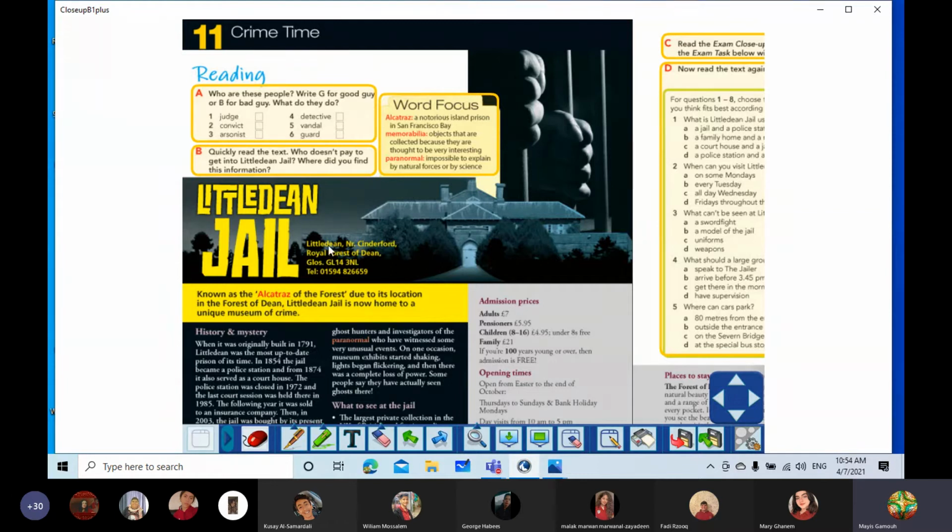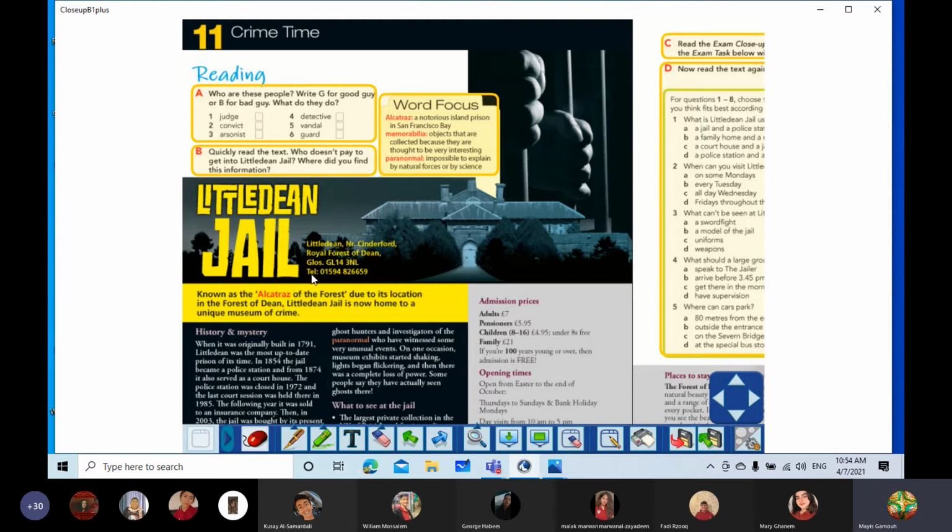Okay, let's look at the address together, students. It's Little Dean NR, and here NR is an abbreviation for the word nearly, meaning next to. Cinderford, Royal Forest of Dean, Glos. These are places, so this is the location, the address of the Little Dean jail.